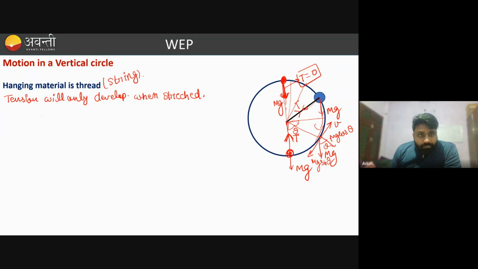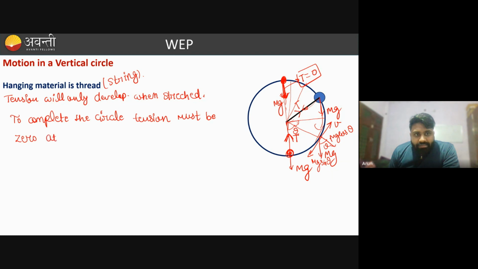So to complete the circle, tension must be 0 at the highest point.